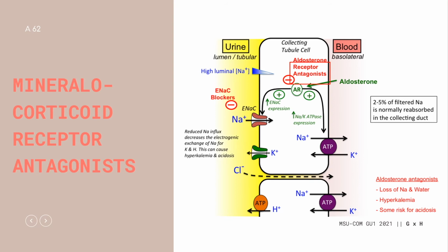Now, another thing to take into account is that mineralocorticoid receptor antagonists don't just act on the aldosterone receptors of the kidneys. They affect virtually every cell that has an aldosterone receptor. Therefore, mineralocorticoid receptor antagonists are also indicated in cases of hyperaldosteronism, therefore directly inhibiting aldosterone production.